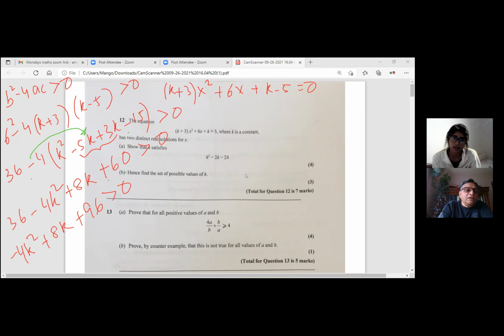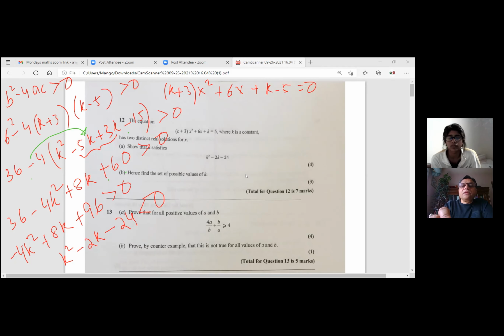So we have k squared minus 2k minus 24 less than 0, because when you divide by a negative number, the inequality changes sign. So we have got k squared minus 2k minus 24 less than 0 as the part of our answer.